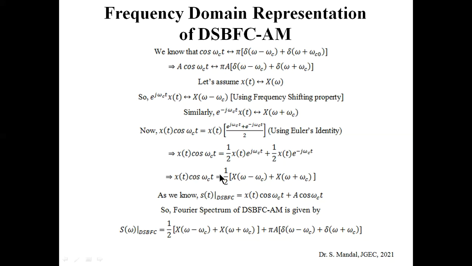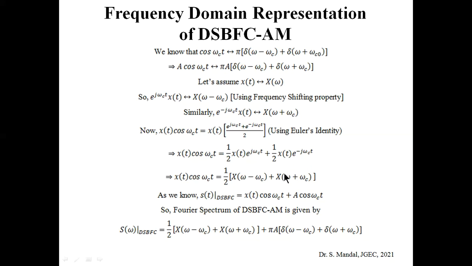So the Fourier transform of x(t) cos omega c t can be written as half X(omega minus omega c), because the Fourier transform of x(t) e to the power j omega c t is X(omega minus omega c), plus the Fourier transform of x(t) e to the power minus j omega c t, that is X(omega plus omega c).